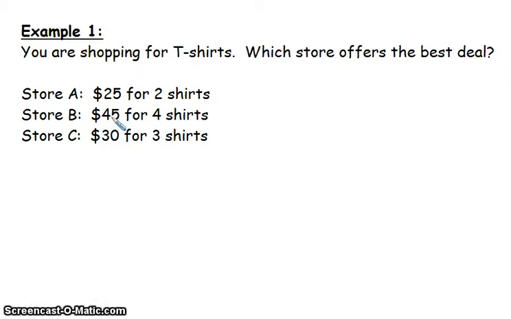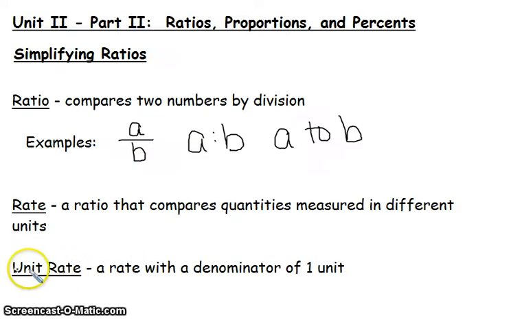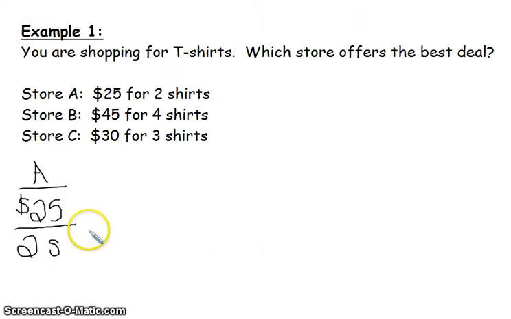But let's actually look at our unit rates here. Let's look at store A. Store A, you have $25 per 2 shirts. I'm going to use S to represent shirts. So $25 per 2 shirts. Thinking back to your definition, if I want my unit rate, where my denominator is 1, then I need to simplify this fraction.